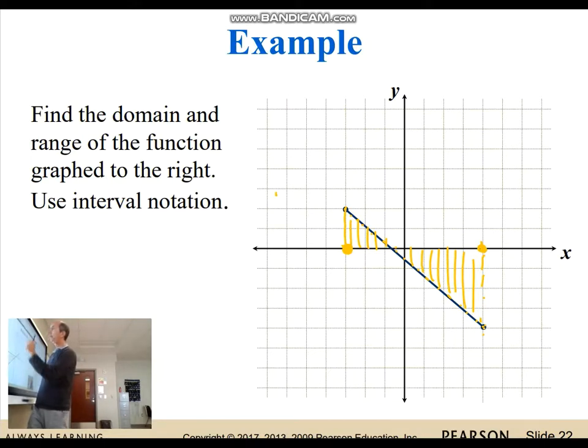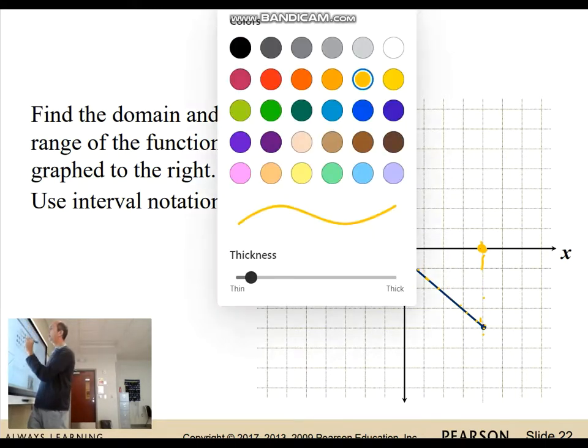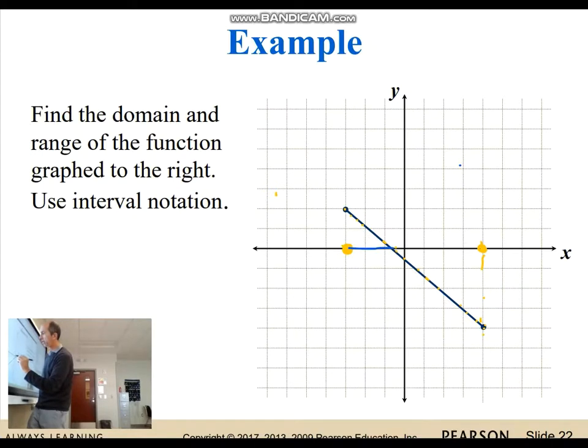That means the domain, which is the x coordinates, can be represented right here. Let me represent on the x-axis. This is the domain. So this is going to be the domain on the x-axis.